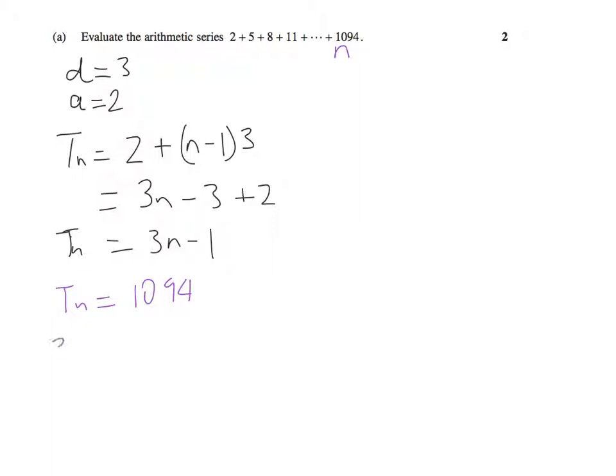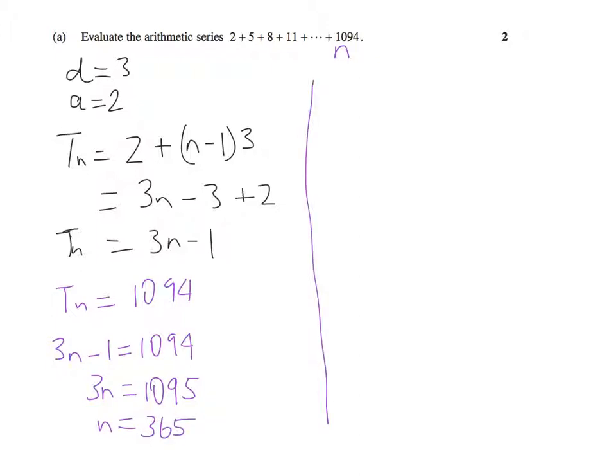So that will mean that 3n minus 1 equals 1094, or 3n equals 1095, and that means n is going to be 365. Okay, well now that's actually very useful for us, because what we can do now is use our sum of an AP formula to find out what our sum is.